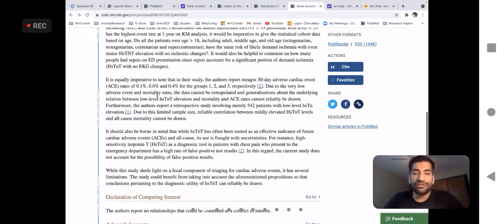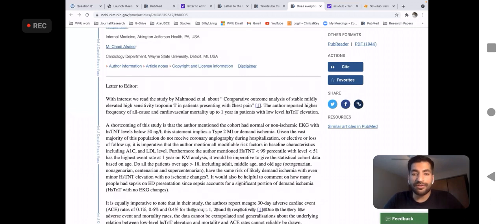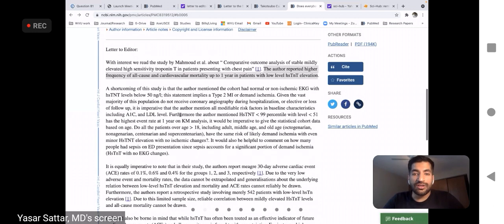So with interest, we reviewed this paper. First you write down their title, and then the authors reported this. A shortcoming of this study is that the authors are saying that a high-sensitivity troponin level below 50 implies a type 2 MI or demand ischemia.